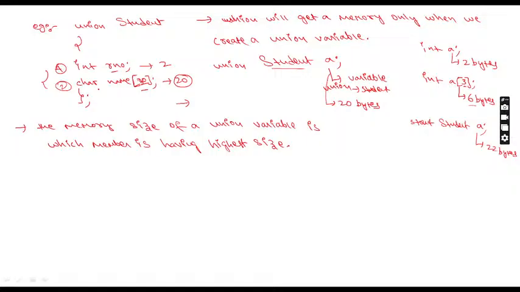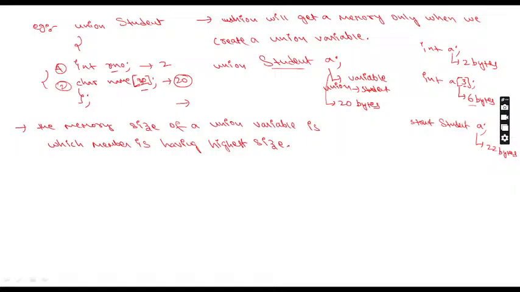Only one washroom. But in your family there may be 5 members or 3 members, it depends on the family. Suppose 5 members are there. The washroom is only one, but the same washroom is used by 5 members, one after the other, not at a time.